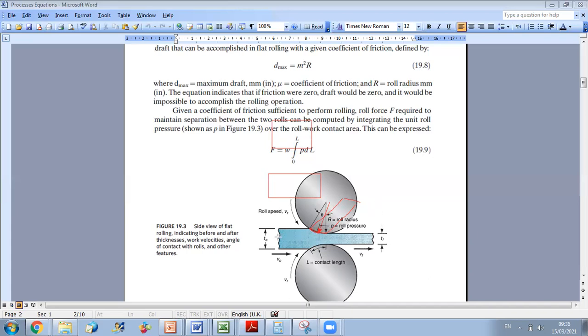Now, you know from if you have taken static courses or dynamic courses, that if I have a normal force and I have a rough surface, the friction force is related to the normal force by which relation? Who remembers?